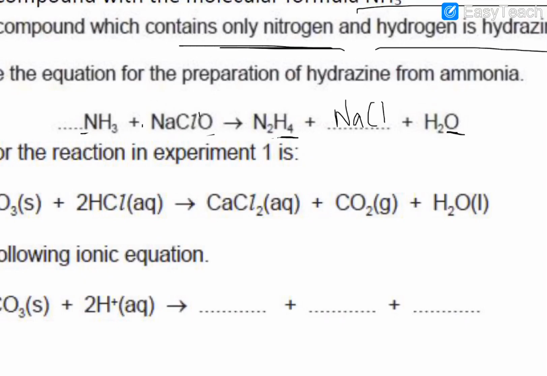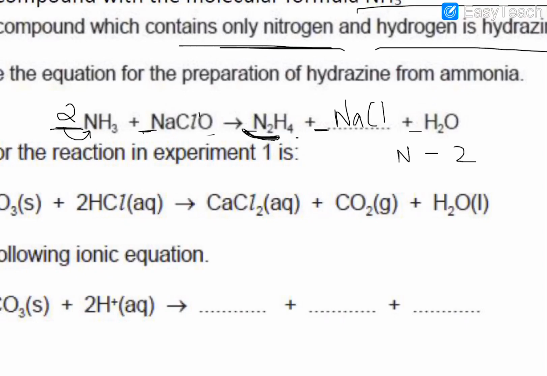Now, let's see the balancing. Actually the equation, all the numbers are already there. So this is 1, this is 1, this is 1, this is 1. So you just have to complete here. Because we have 2 nitrogen here, I need 2 nitrogen here. So I'll just put a 2 here. So let's count.